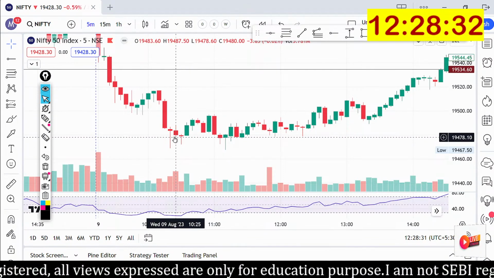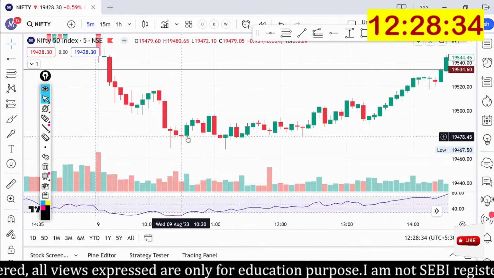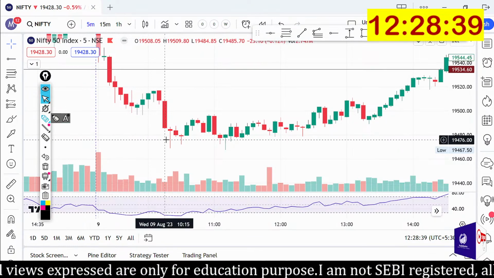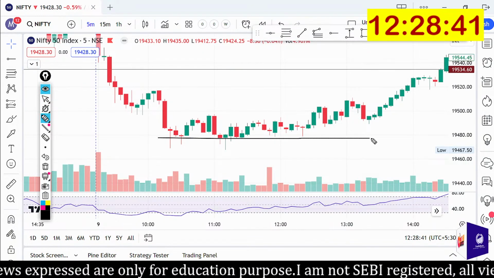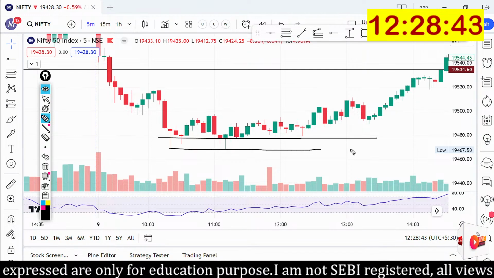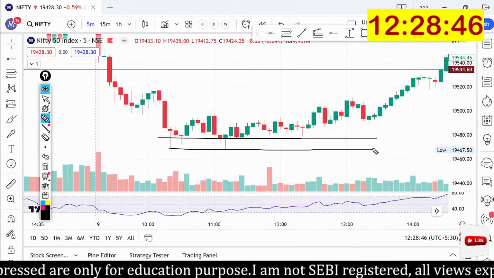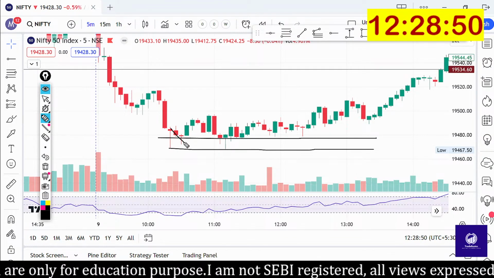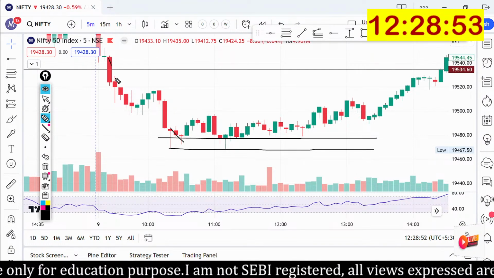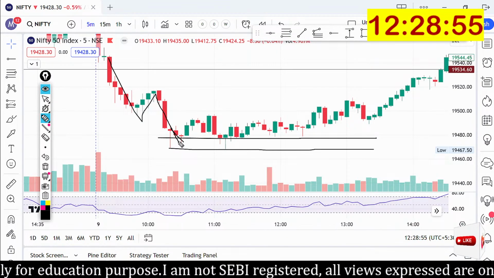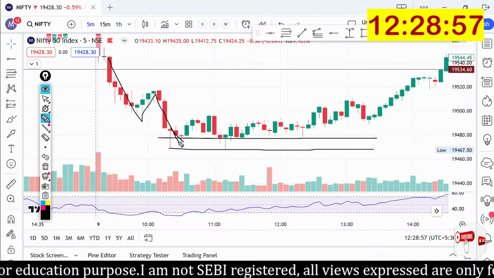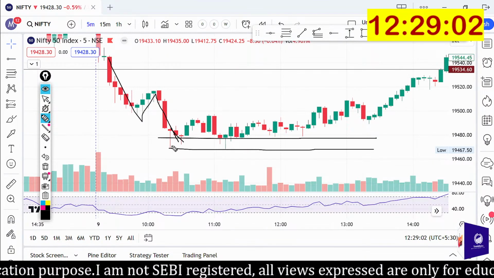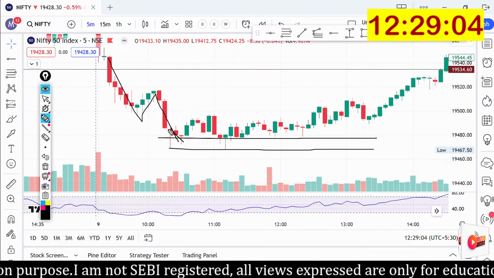Now in this particular place, what is happening? Buyers are trying to take control. Now what do people do? All the retail traders, all the retail investors, as soon as they see the red candle, because the market has fallen like this, lots of put buyers would have been sitting, right?